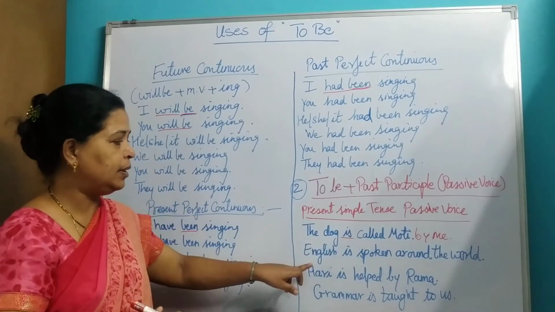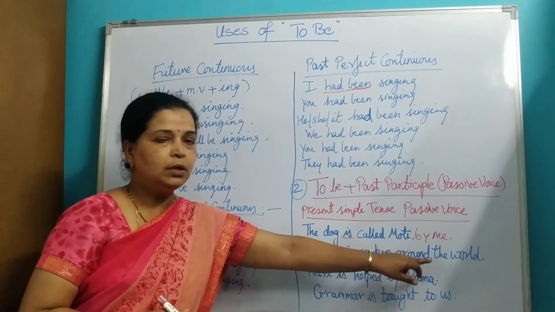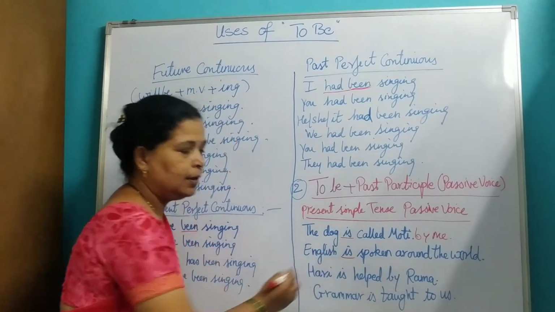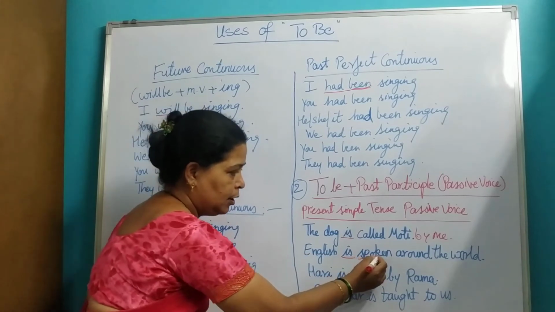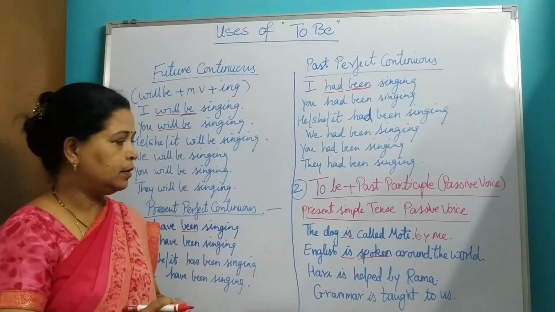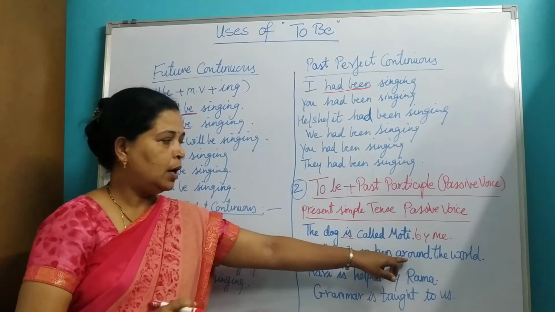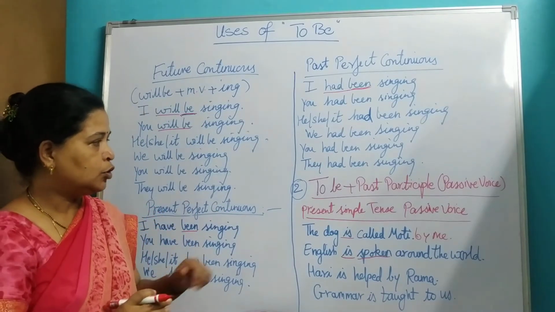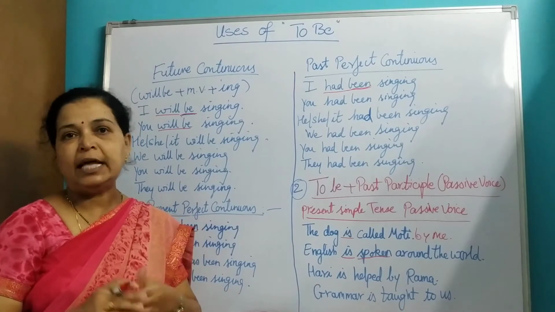Next example: English is spoken around the world. Here we have is as the helping verb, and spoken, the past participle of the verb speak. So, English is spoken around the world. Got it? So when we do passive voice in detail, it will be covered in detail.